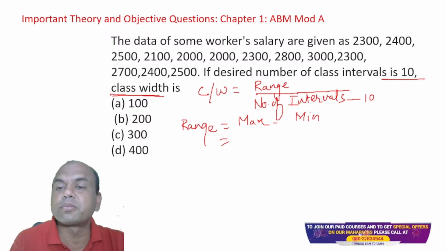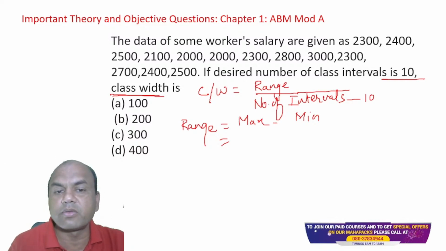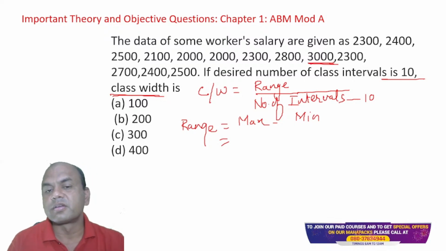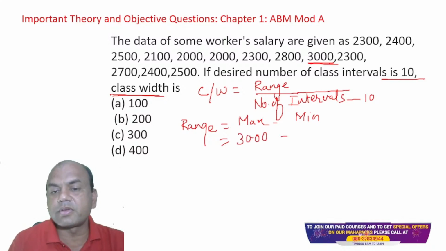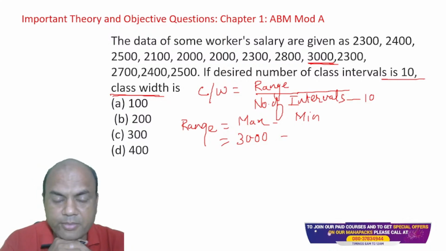What is the maximum number over here? 2300, 2400, 2500, 2100, 2000, 2000, 2300, 2800, 3000, 2300, 2700, 2400, 2500. 3000 is the maximum number, isn't it? So 3000. What is the minimum number then? Type in the comment section, everyone.